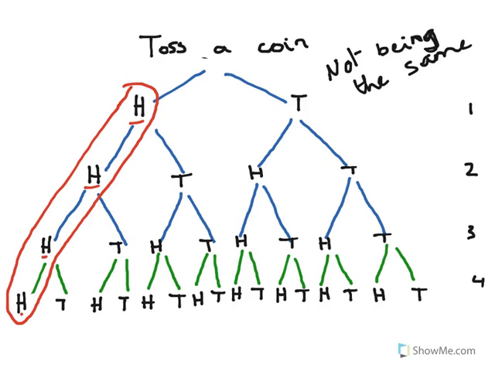Anywhere else it has changed at least 1 point. Here we had 3 heads in a row, 1, 2, 3, but our very last one was a tail, so now it's not the same coin. So on this side of our tree diagram, we have only heads. On the other extreme of our tree diagram, we have only tails.